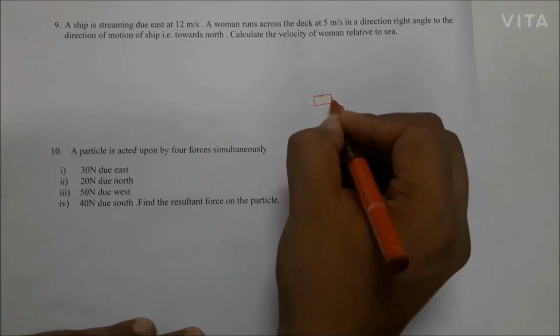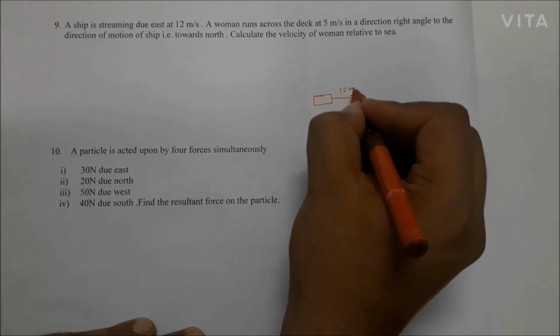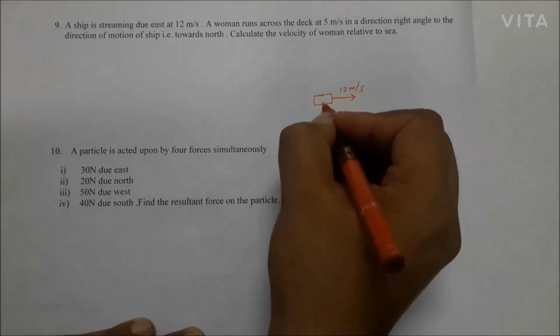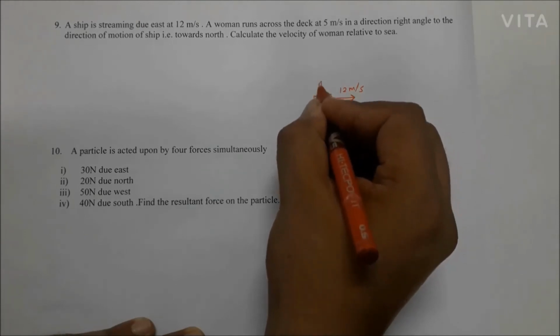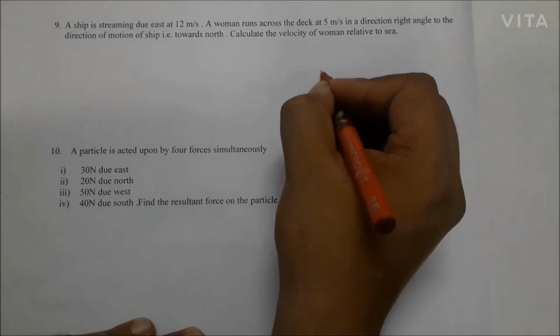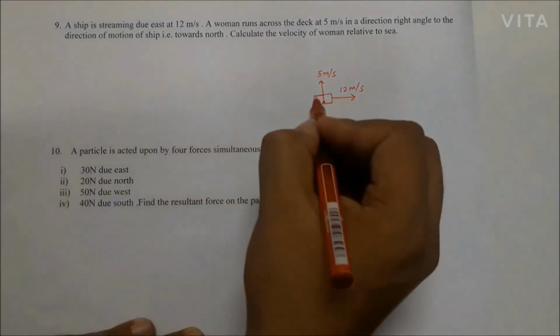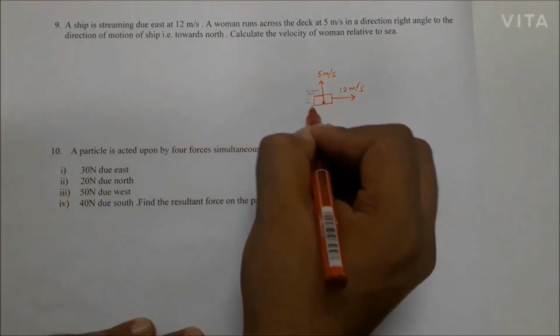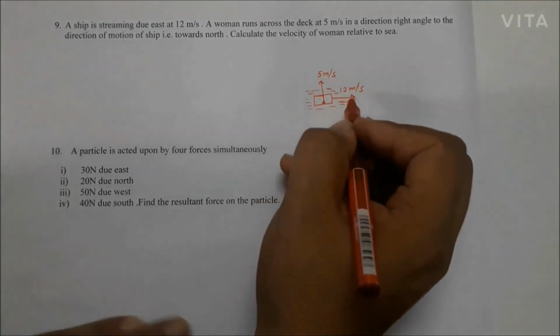The ship is moving in this direction, in east, with the velocity 12 meter per second. Now here is one woman that is moving in the north direction, towards this direction, with velocity 5 meter per second. Now the ship is moving in a sea. Now you have to find out the relative velocity of this woman with respect to sea.